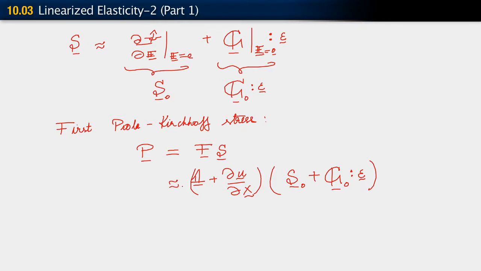Right, now again we can see what happens. If the residual stress is non-zero, when we write out this expansion, we get terms up to first order in the strains, or in the displacement gradient.